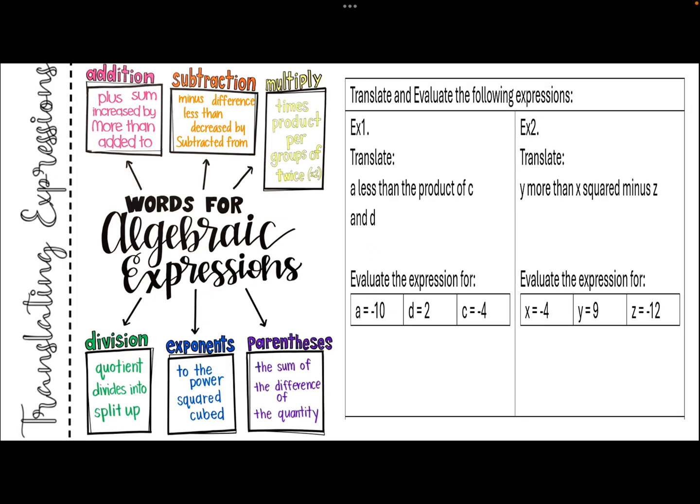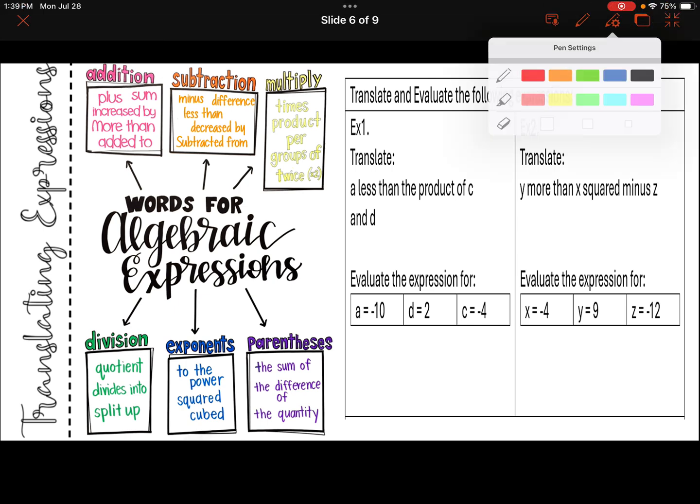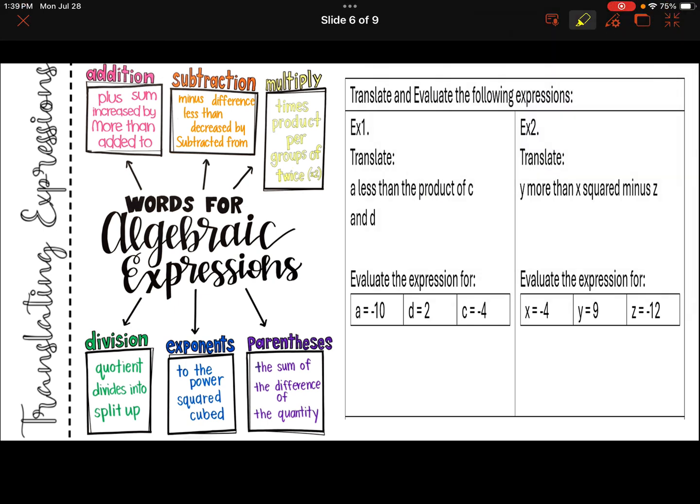All right, now we're going to jump into the topics, and I really want to highlight a couple phrases. So the phrase is more than, less than, and subtracted from.